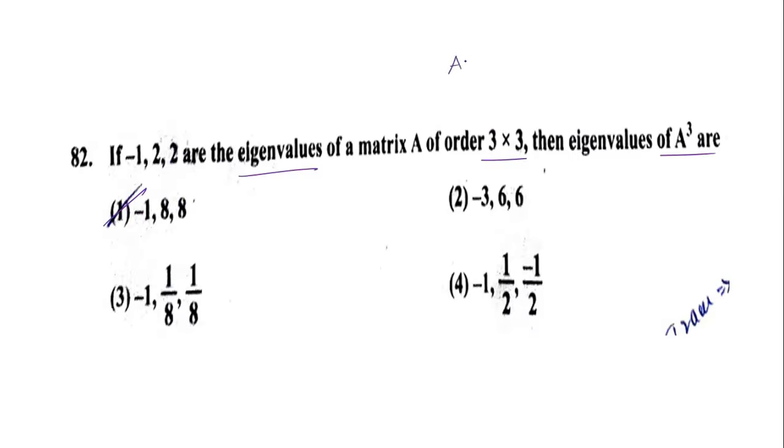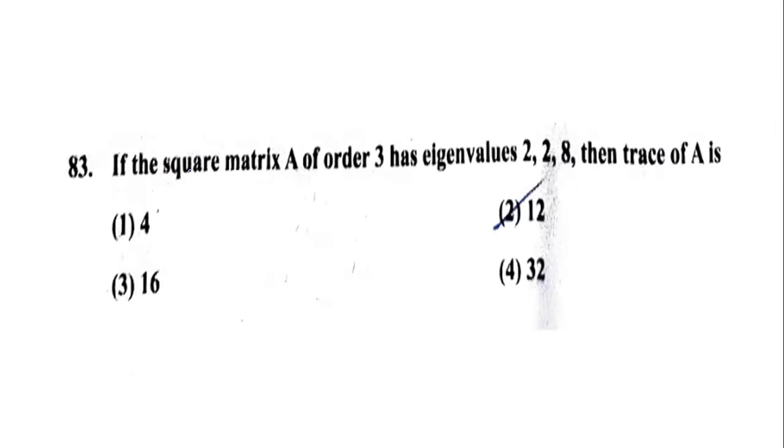If Ax is equal to lambda x, then A raised to m of x is equal to lambda raised to m of x. This is the result. That's why this is true. Option 1 is the right answer for that question.